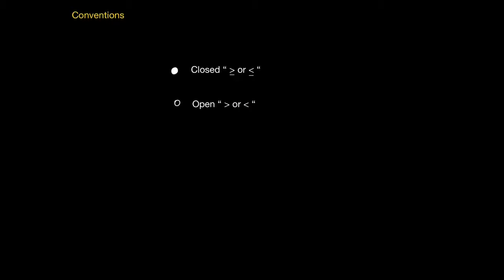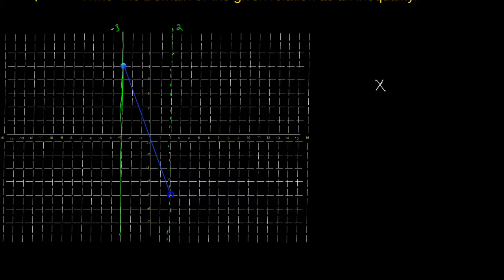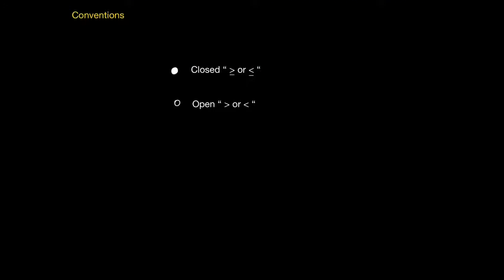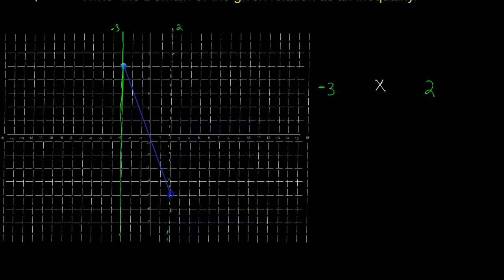So let's go ahead and specify the interval. On the left, we have a -3. On the right, we have a +2. So we're going to write -3 on the left and +2 on the right. And now we're going to specify the lower and upper bound using these symbols right here. -3 is closed, so we're going to use a less than or equal to symbol. +2 is correlated with an open circle, so we're just going to use the less than symbol.